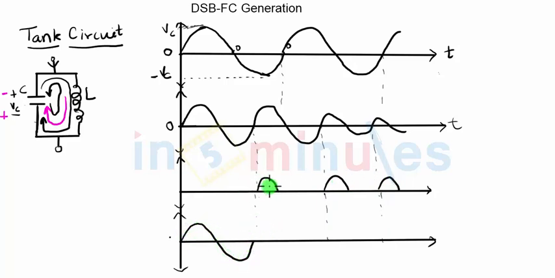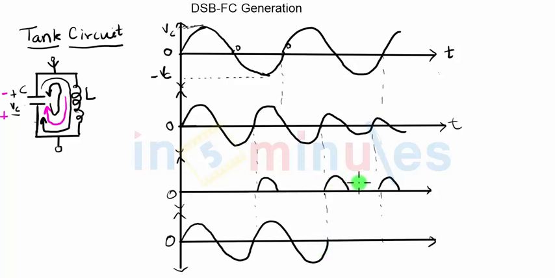Now, in the absence of the current pulses, the second cycle will be of reduced amplitude. But because I am providing the external current pulse, the reduction in energy from one cycle to the second cycle will be compensated by this external energy, and the amplitude in the second cycle will not reduce. So it is as good as generating the first cycle again.